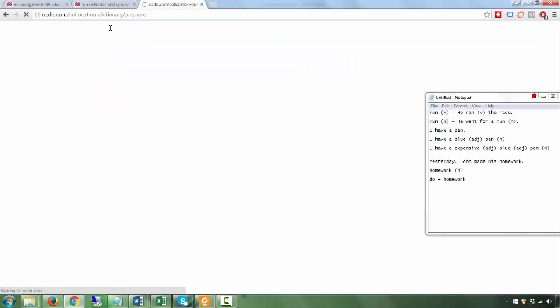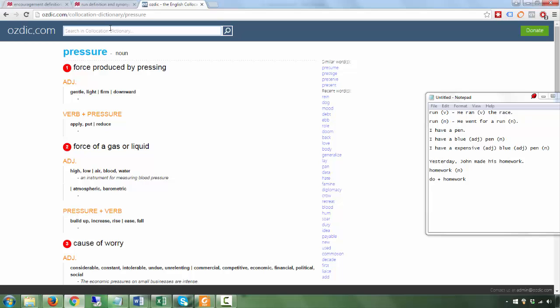Pressure. Okay, by the way, most students say give pressure. He gives me pressure. That's actually not the right way. It's not a very good collocation. Give pressure. Okay, but most students use that collocation. Why? Because it is common in many languages. So they kind of like, oh, in my native language I use give pressure, like in Chinese.